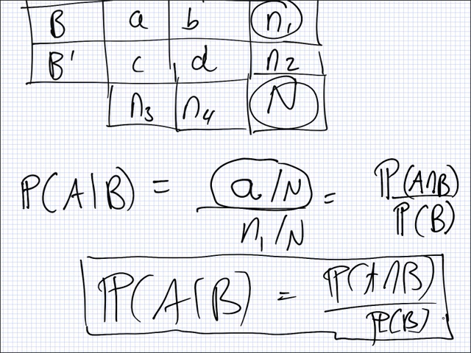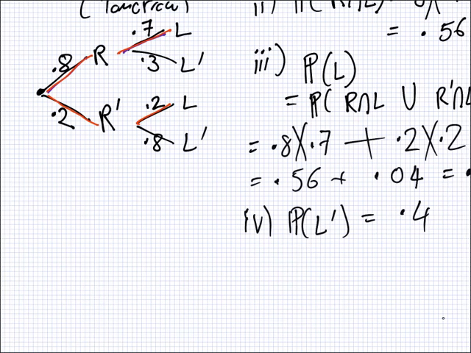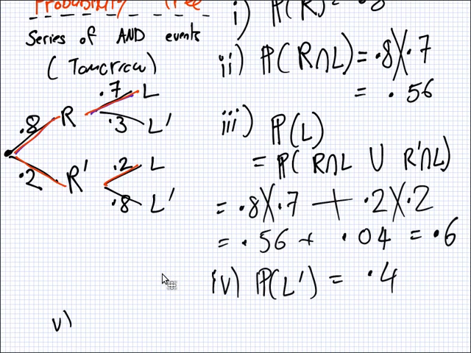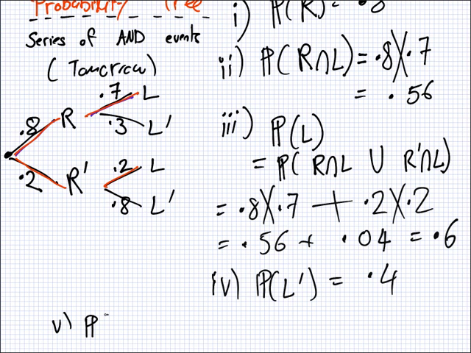Yes? Yeah. Okay, so look, let's go back to this one here. Suppose I ask a question like number 5 here: what is the probability it rained given that the student is late? So you know the student is late. What is the probability that it rained?